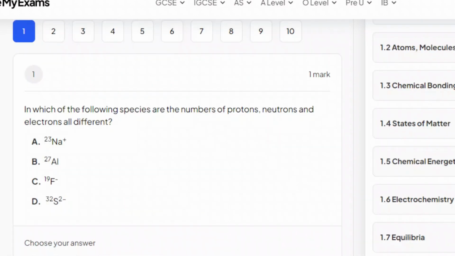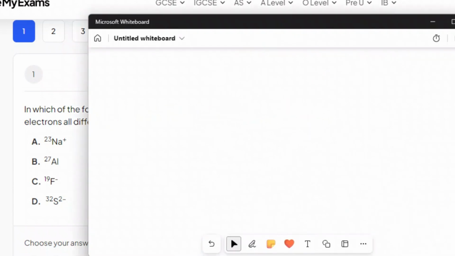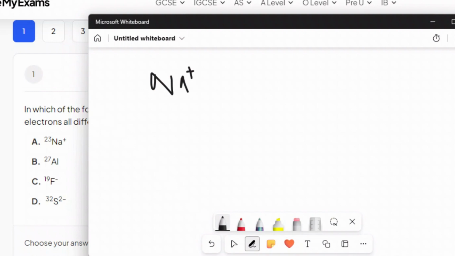So now, in which of the following species are the number of protons, neutrons, and electrons all different? Okay, so now in the case of sodium with a mass number of 23 and a positive ion, sodium has an atomic number of 11.